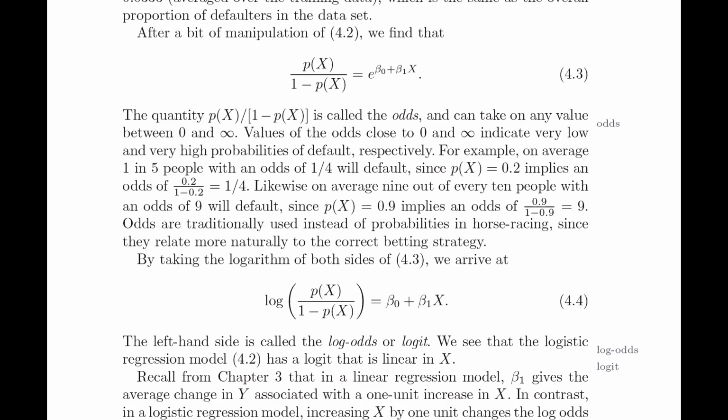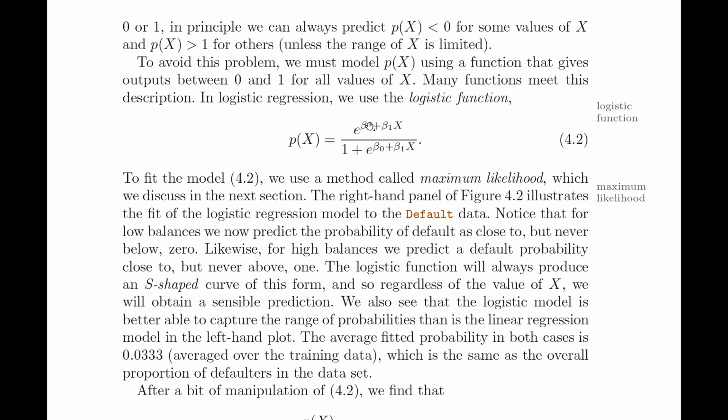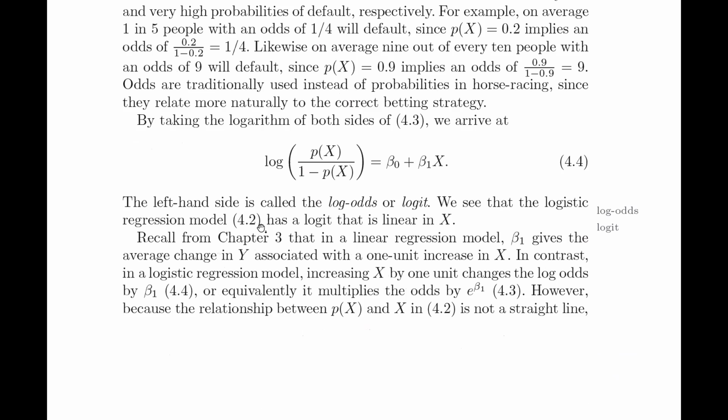We see that the logistic regression model 4.2 has a logit that is linear in X. Recall from chapter 3 that in a linear regression model, beta 1 gives the average change in Y associated with a 1 unit increase in X.